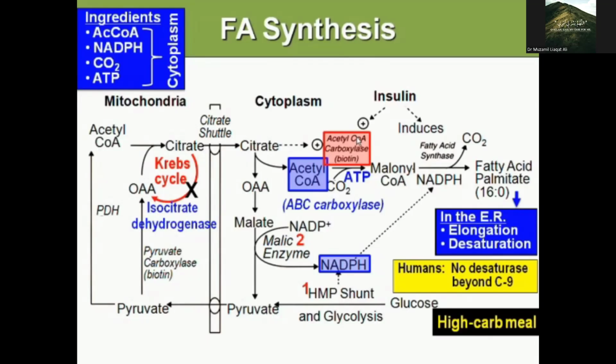Humans can desaturate at the delta 9 position between carbon number 9 and carbon number 10, but cannot introduce double bonds beyond carbon number 9. So we cannot make omega 3 and omega 6 from scratch. That's why linoleic acid and linolenic acid are essential fatty acids for humans.